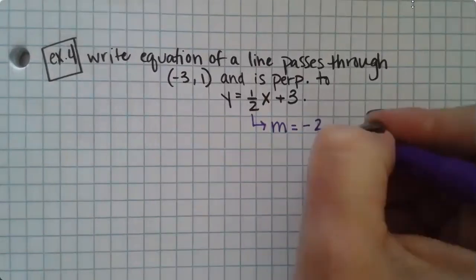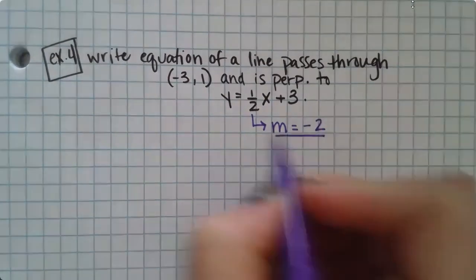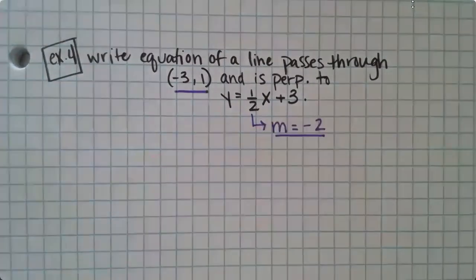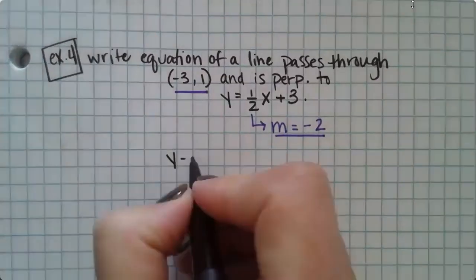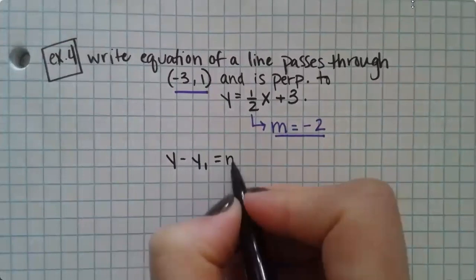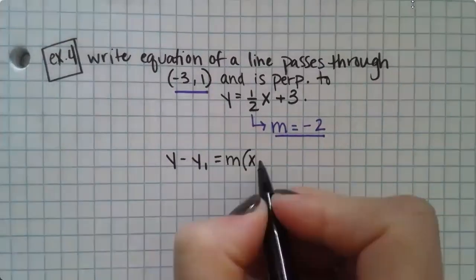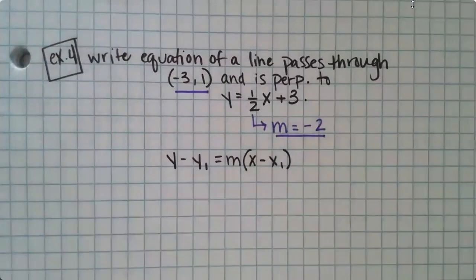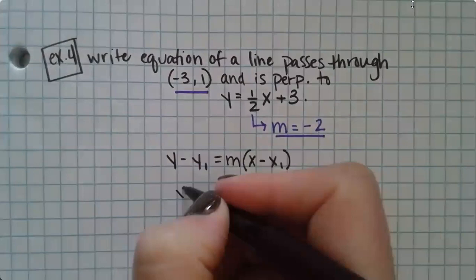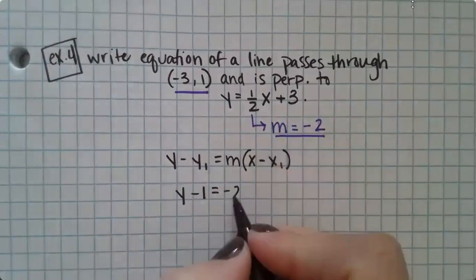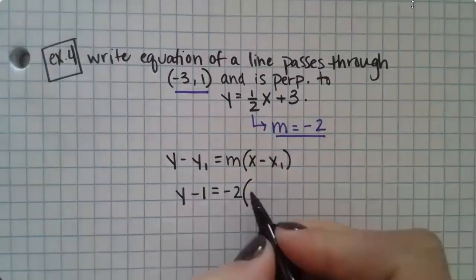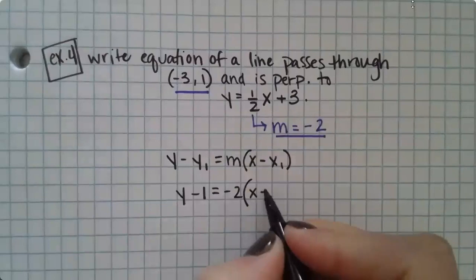So now I have a slope and I have a point. So I can write my new equation of a line that goes through -3, 1. So I'll use point slope, y minus y1 equals m times the quantity x minus x1. And then I plug in my given values. So I get y minus 1 is equal to my slope of -2 times the quantity x plus 3.